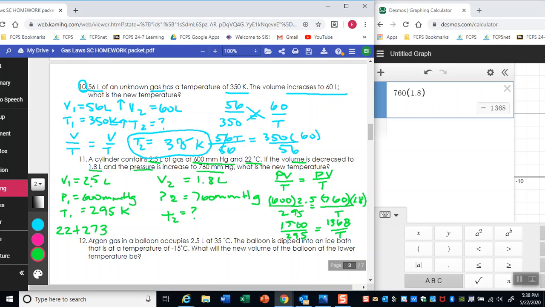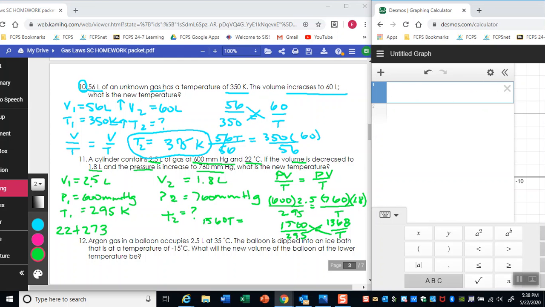And I'll get 1560, right, multiplying these two together, times T equals, and then I'll multiply those two together, and I'll get a number there. Just because I'm running out of room, I'm going to do it over here first. 295 times 1368.